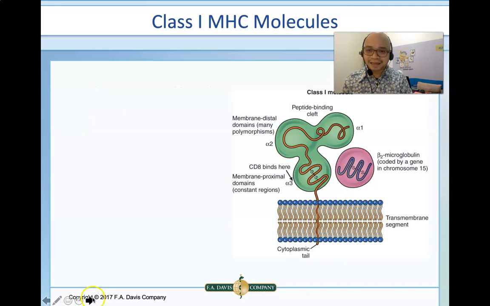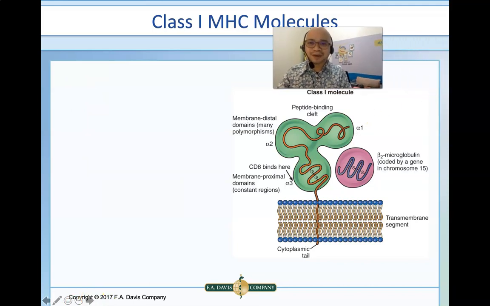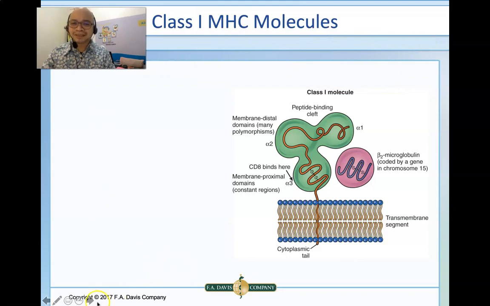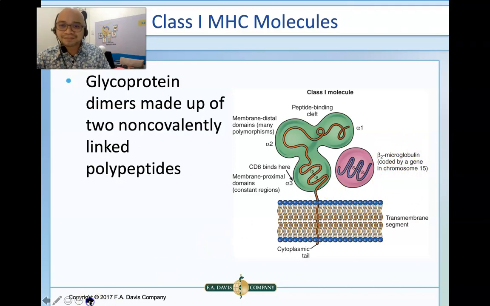Okay, and as shown a while ago, this is the structure of the class 1 molecules. As you can see, the single chain is being stabilized by beta 2 microglobulin, which is of course expressed from chromosome number 15. So the glycoprotein dimers are made up of 2 non-covalently linked polypeptides.